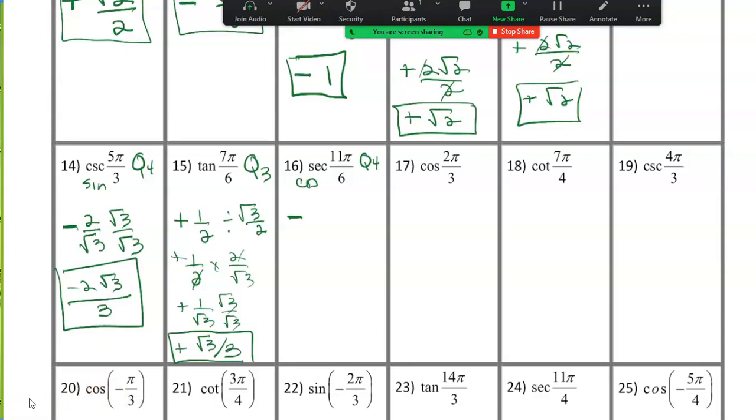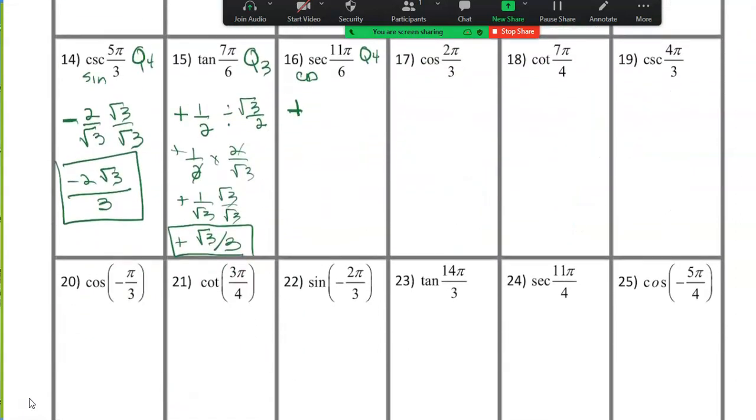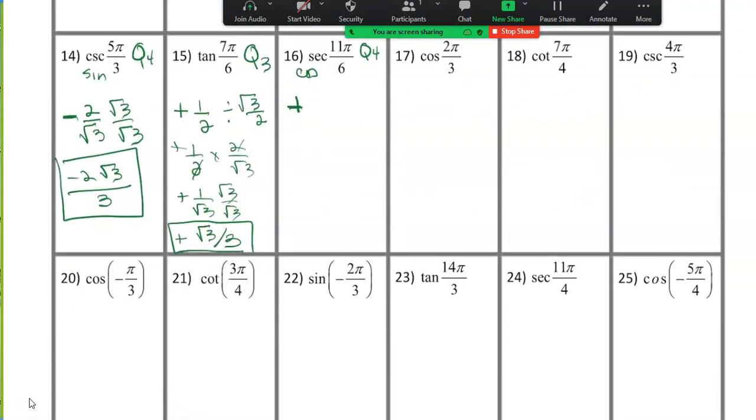Okay, in the fourth quadrant, cosine is positive, right? Because I have this up here. Yep, it's positive. So I'm going to be a positive value. It's going to go with cosine. Cosine of pi over 6 is root 3 over 2. So I'm going to go with the flip of that, 2 over root 3, and then I'm going to rationalize it. And I'm going to get positive 2 root 3 over 3 done.